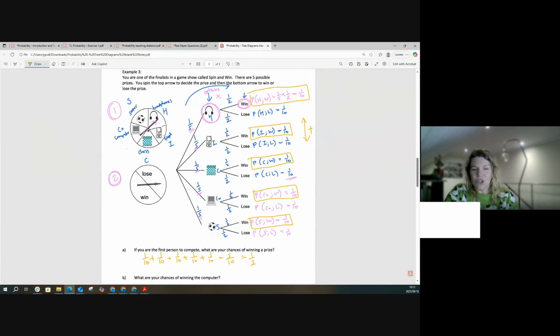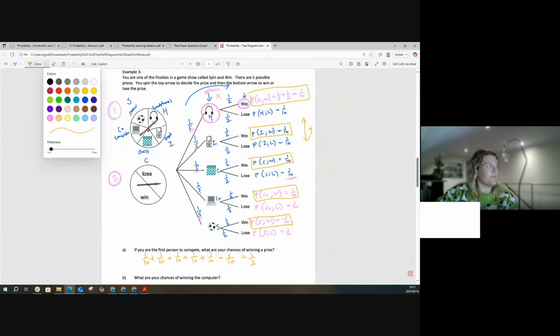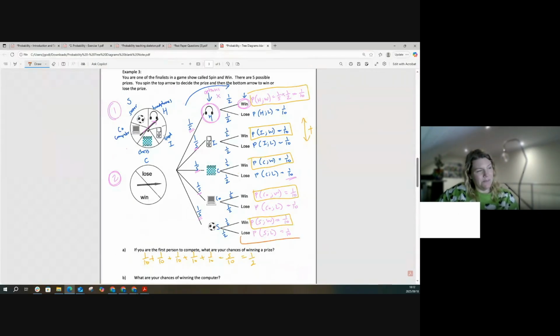What are your chances of winning a computer? So now look at all of your outcomes, these over here. Look for the favorable outcome and see how many favorable outcomes there are. What is the chance of winning the computer?